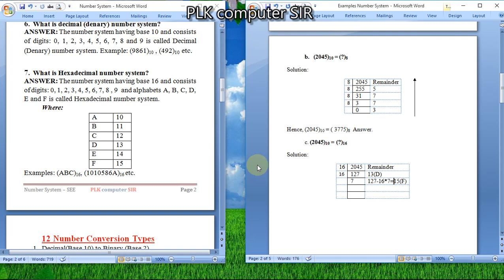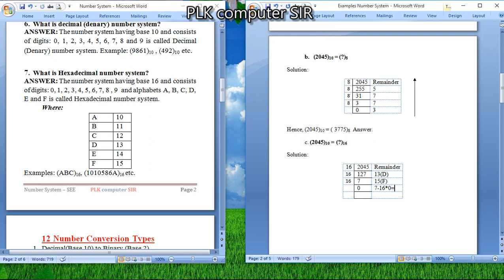So we don't need this one, my dear students. Now it is not 0, so again, but it is smaller. If you divide 7 by 16, the answer will be 0.44, but we don't need this point value. Now what we have to do, 7 minus 16 into 0, but if you multiply by anything, it will be 0.